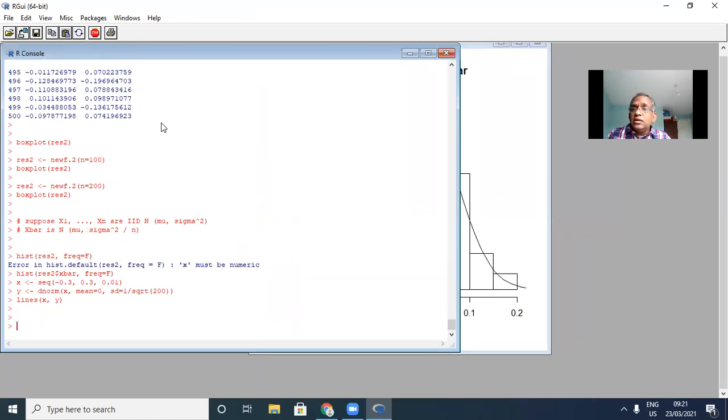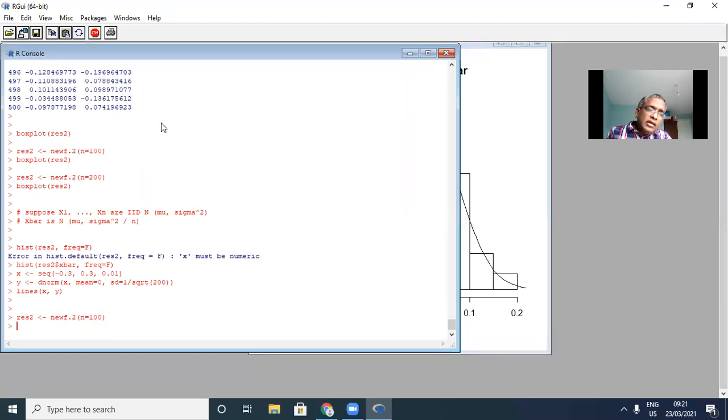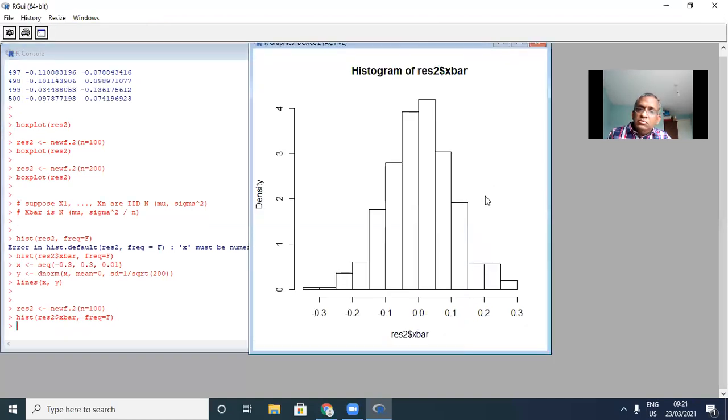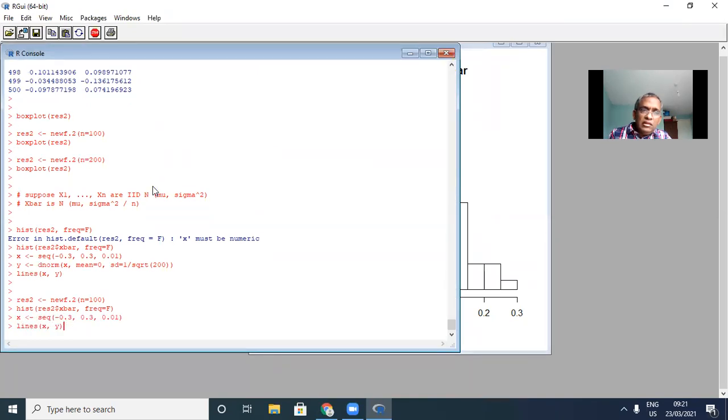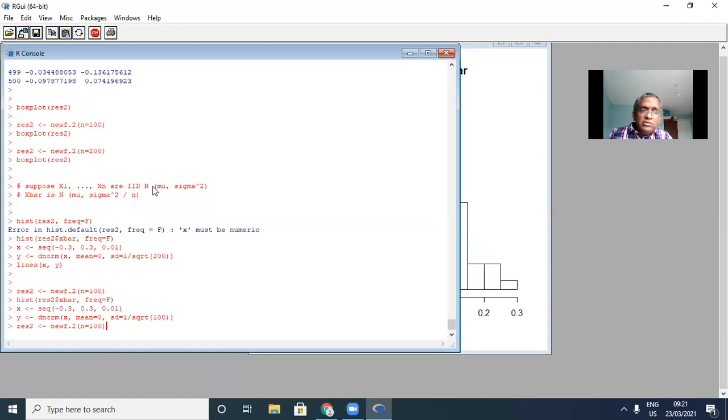Now let me repeat this for different values of n. In this case I took n to be 200. Now let me go back and choose n to be, say, 100. Then I do the histogram again, and the histogram looks like this. I define the x-axis to be this, and y to be the density of the normal with mean equal to 0 and standard deviation, where now n is 100, so you change n to 100, and finally you use the lines command.